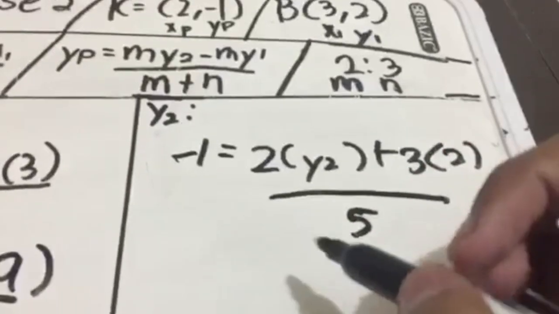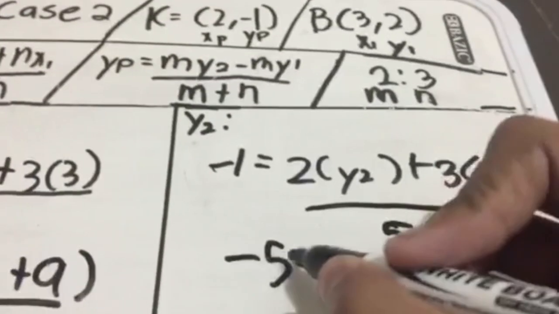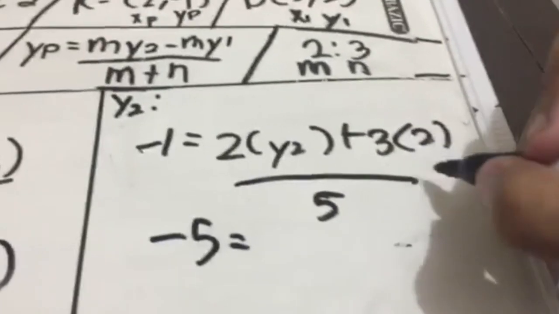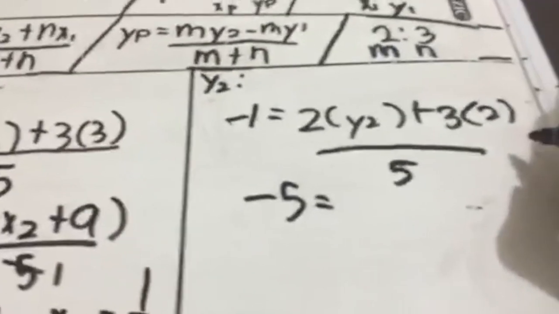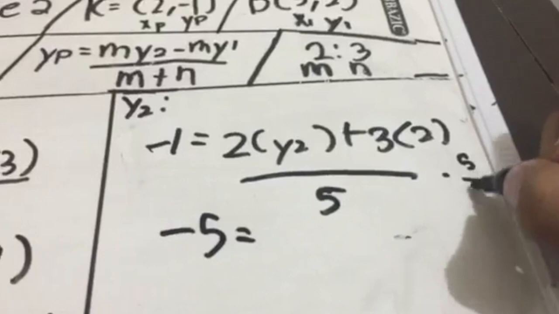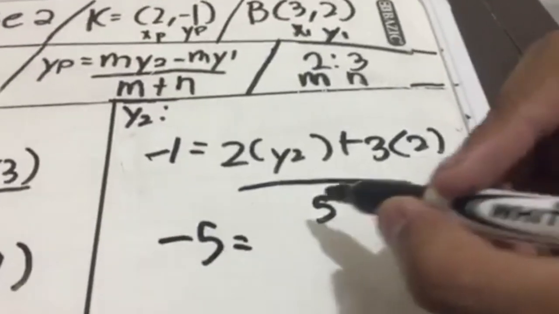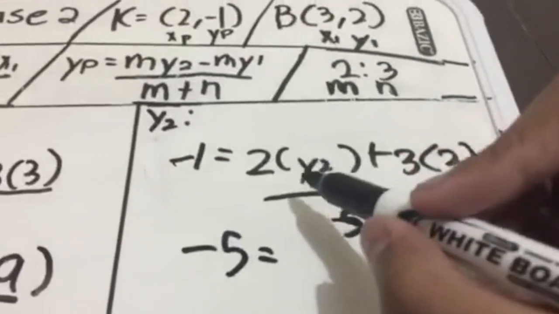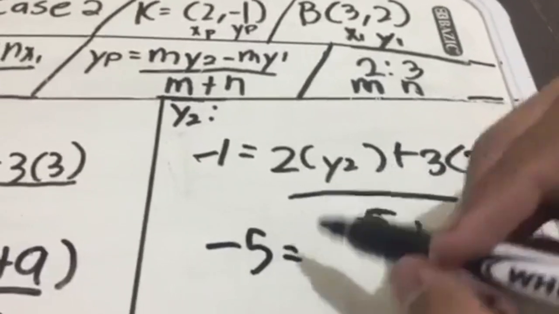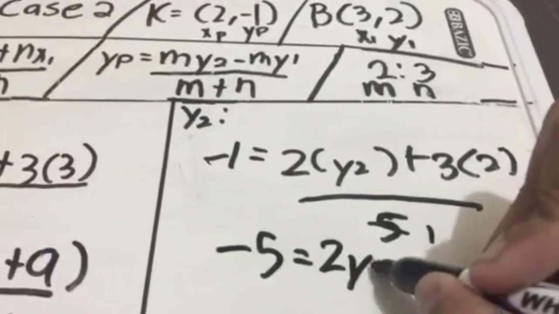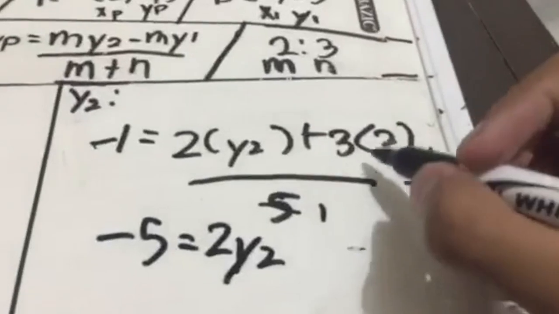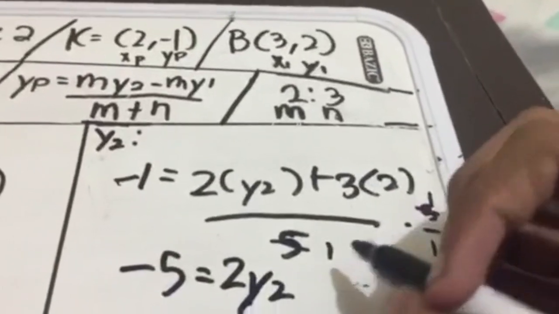So 5 times negative 1 is negative 5. Then if we multiply it by itself, it just basically becomes 5 over 1. Then you cancel them. So if we multiply this, it will become 2y sub 2, and 3 times 2 is 6.